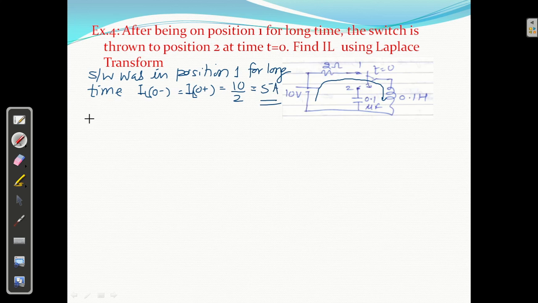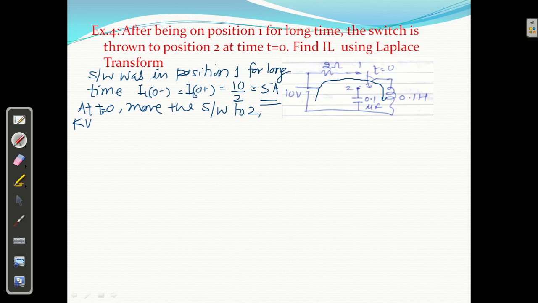I got it. Now at t equal to 0, move the switch to 2. As you move the switch to position number 2, this will be the circuit. It becomes an LC circuit. So we can write the KVL.